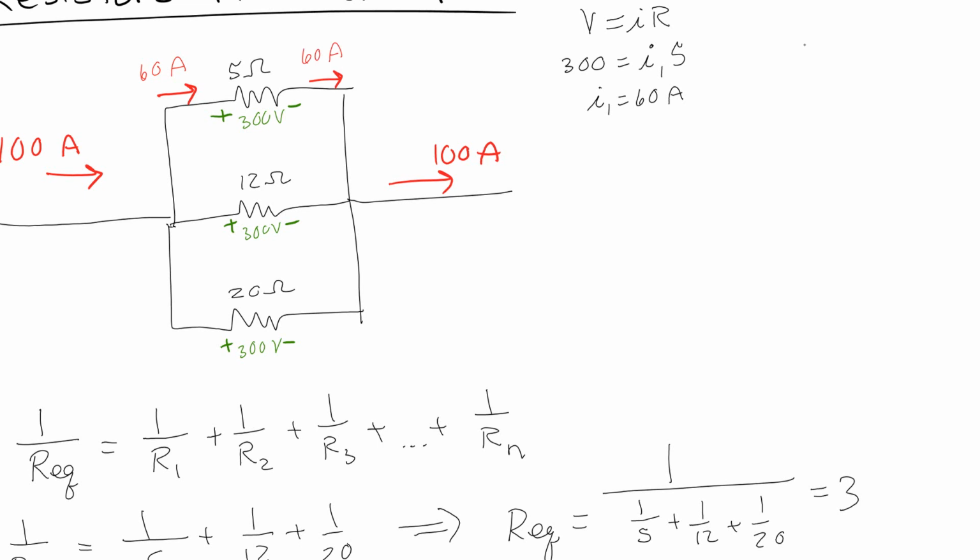Now, I also know that V equals IR. So the voltage across the second one is 300 volts. The current I don't know, but the resistance is 12. So I2 has to be 25 amps. So 25 coming in, 25 going out.